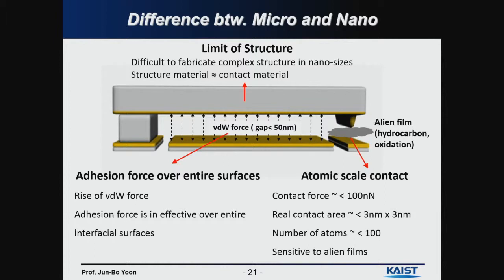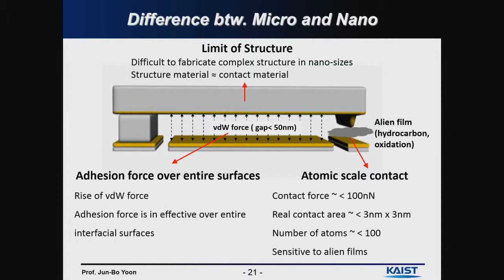Actually, the most important one is that it is very difficult to make a nanoscale electromechanical switch. So that's number one. Also, sometimes we have to use the structural material as the contact material. And because the gap is already at the nanoscale, we need to understand why the van der Waals force is increasing and the adhesion force is effective over the entire surface.